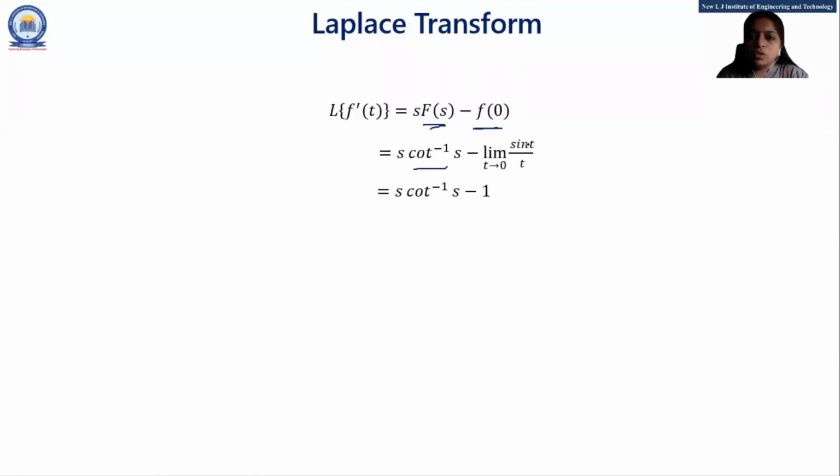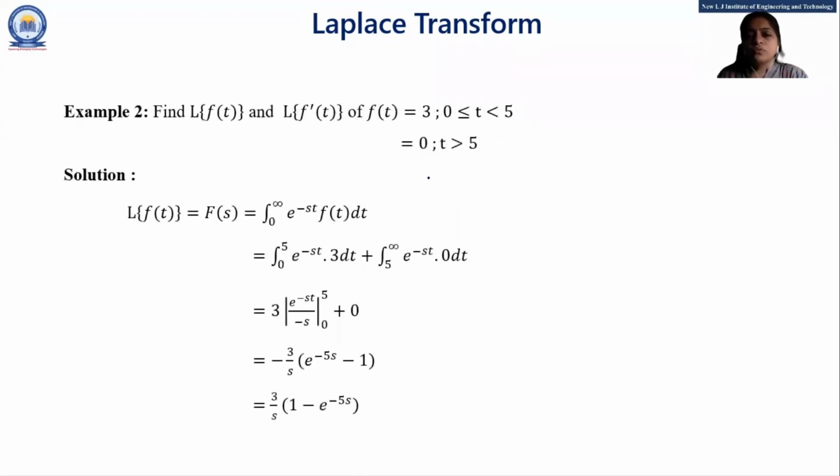Limit t tends to 0, sin t upon t is 1, as per the definition of the limit. So we have to find f of 0 like this. And this is s cot inverse s minus 1. This is our final answer.